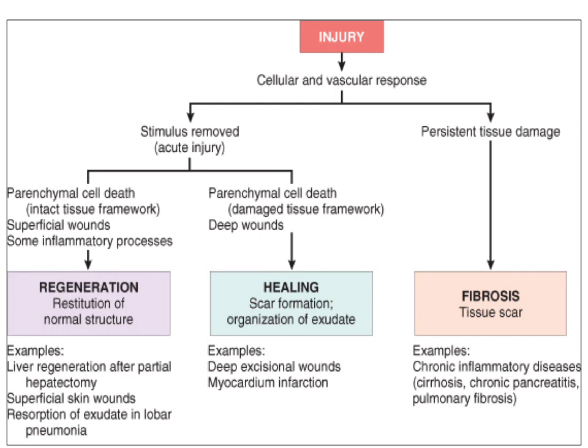Now, if the parenchymal cell death is so severe that it leads to damage to the tissue framework, or the stroma, then instead of regenerating, this means that there is complete damage of the parenchymal cells, including the stem cells from which the parenchymal cells will arise.